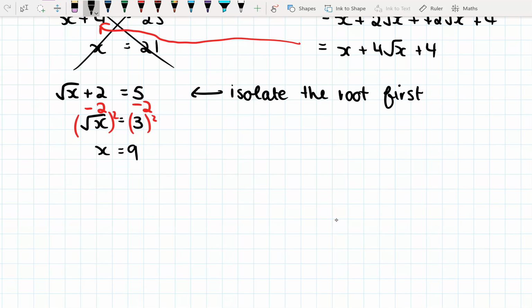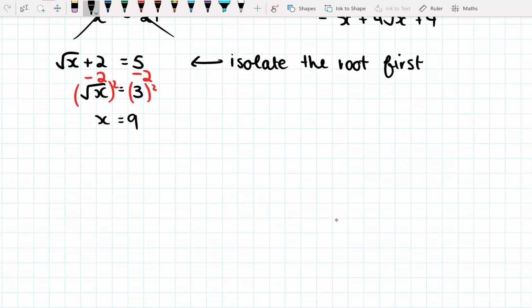Another example where we could have this happening, which is maybe slightly more complicated, if we had the square root of 3x plus 1 minus 4 is equal to 9. So let's have a look at this one. As I said, the first thing you need to do is isolate the root.